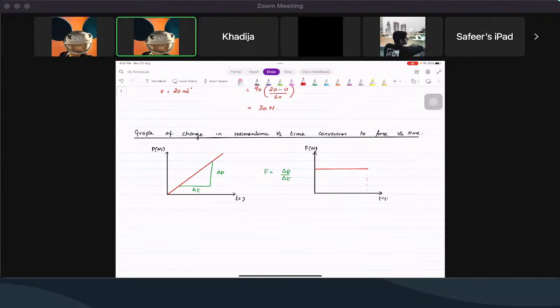And if you find the area under the graph, that would give you force times time, because that's the area, and which depicts the change in momentum. Everybody understands this?